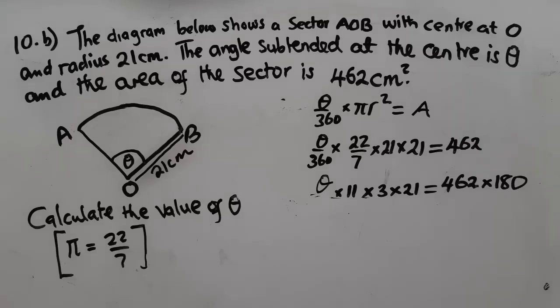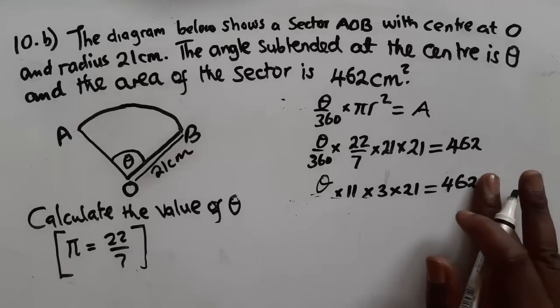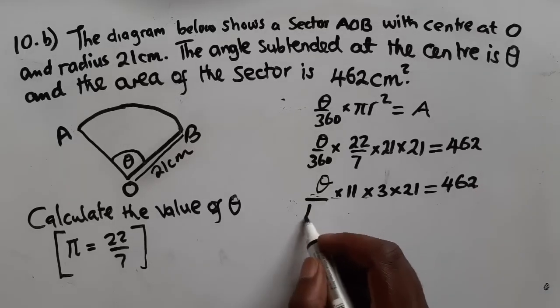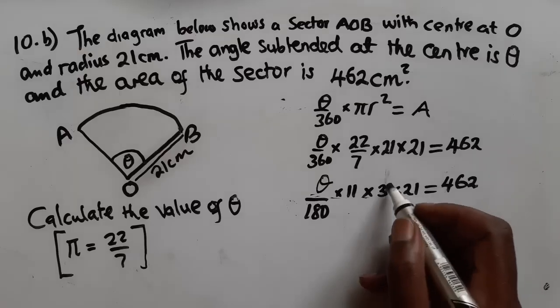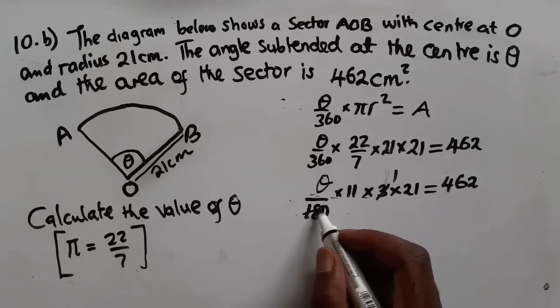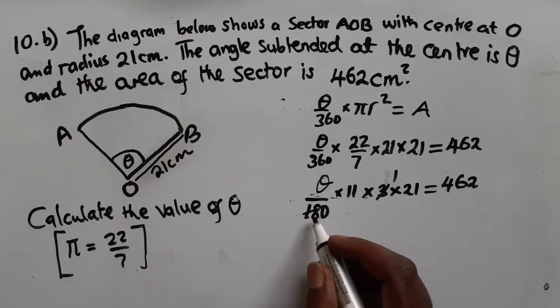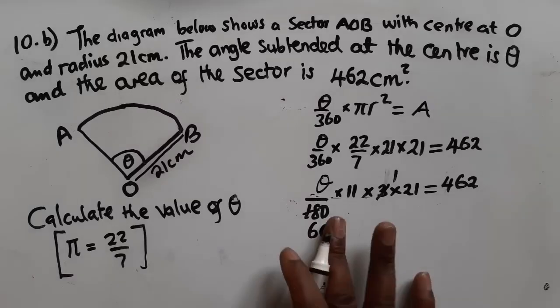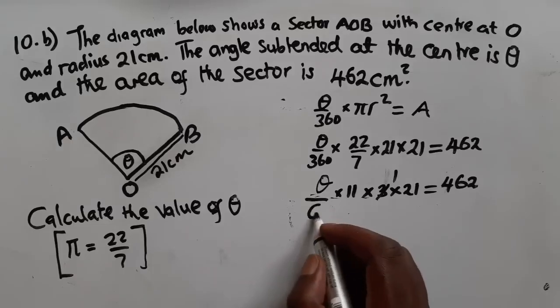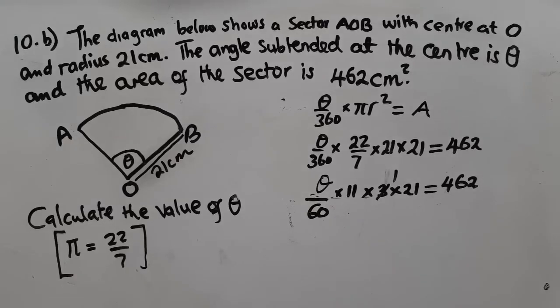Or maybe if you want, just a minute, when we still had 180 here, we can say 3 here, 3 into 18 is 6. So meaning, here we are remaining with 60.